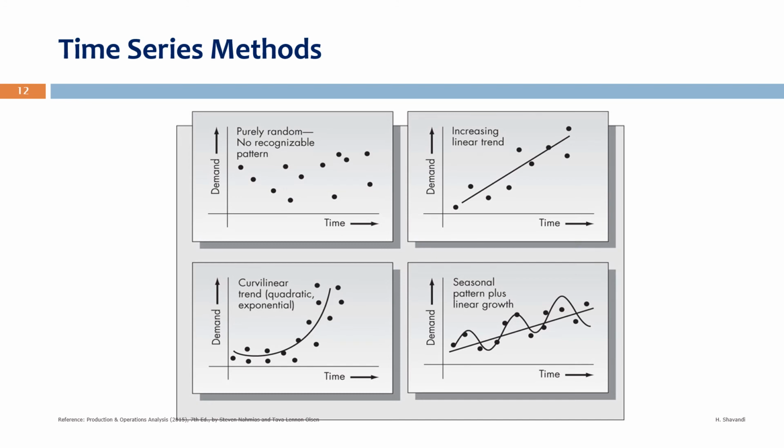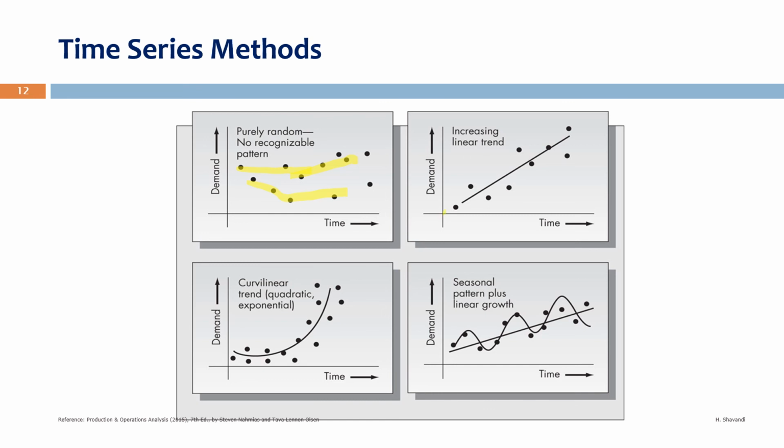So as you see here, in the first one, we don't see any pattern in the data, right? So we say that here is purely a random variable. Since there is no particular pattern, we consider this a random case.